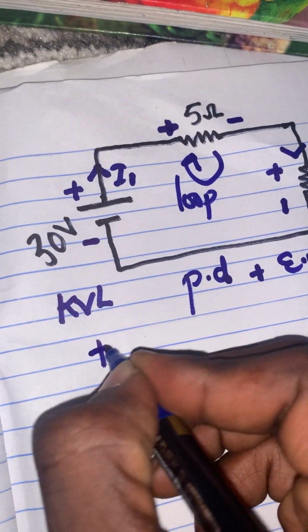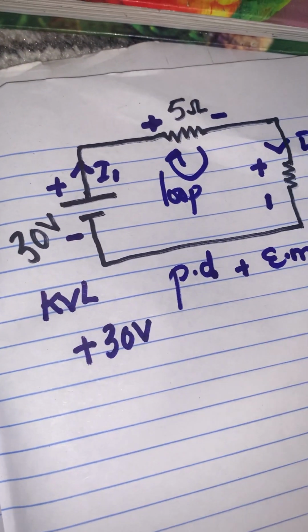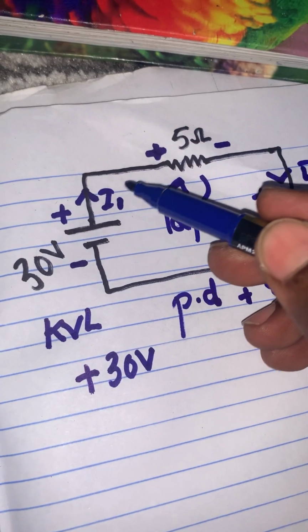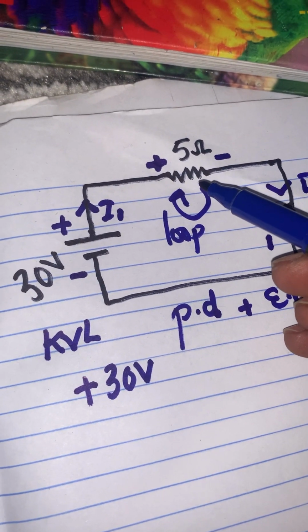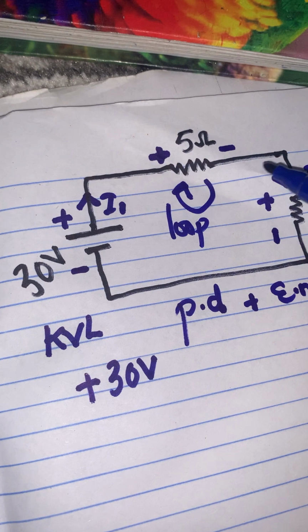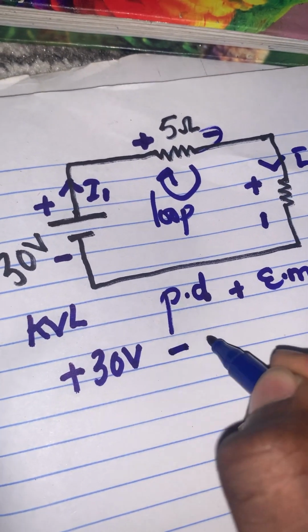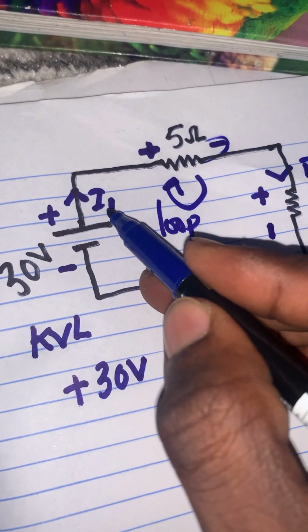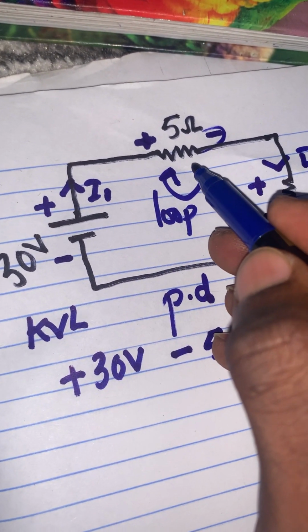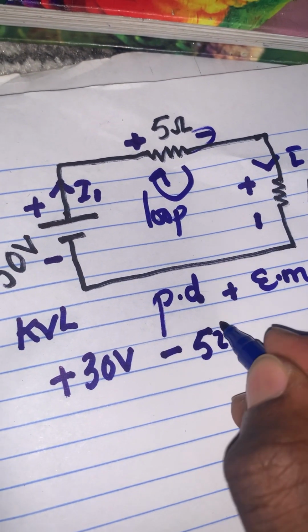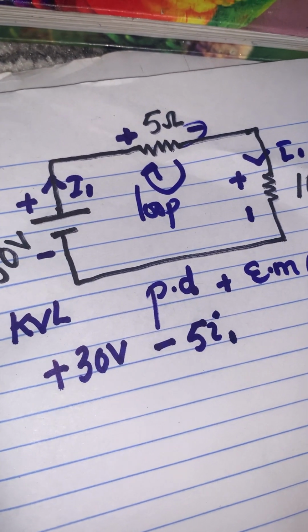This would be plus 30 volts. We keep going and come across a resistor. Leave the first sign, take the last sign: negative. This would be negative 5, but I1 enters the 5 ohm resistor, so this would be negative 5I1.